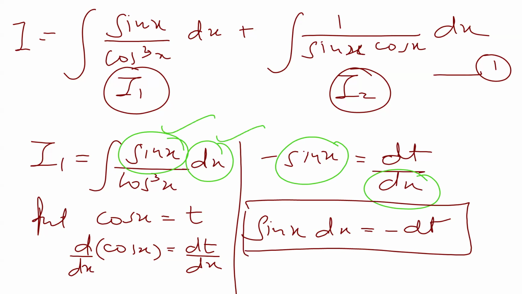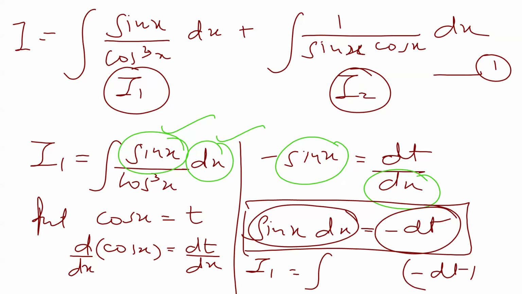So I1: sin x dx is minus dt, and cos cube x will be 1 upon t cube because cos x is t. So minus outside and t raised to minus 3.